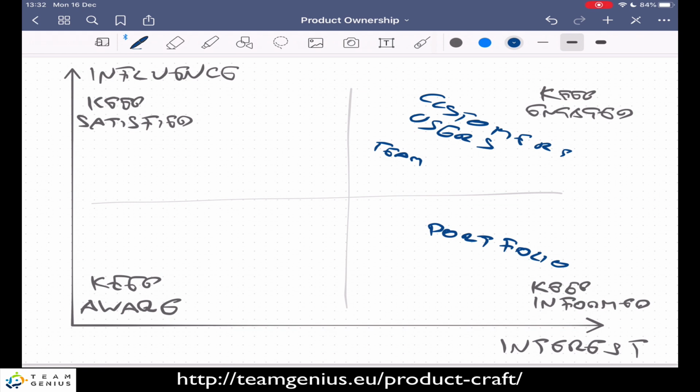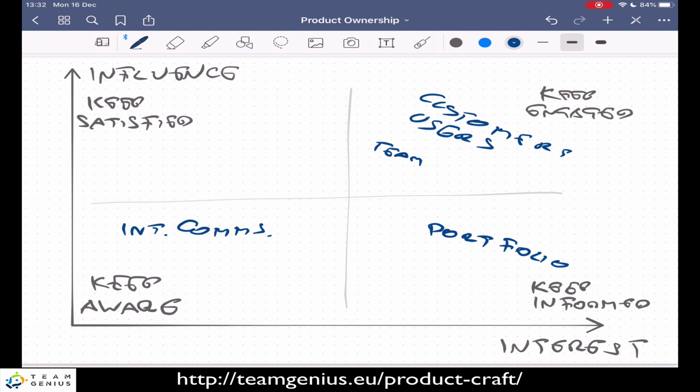And what about low influence and low interest that should just be kept aware of the product? So in here we could perhaps have internal communications perhaps, right? What about high influence but low interest?